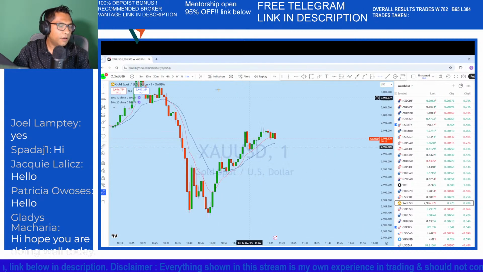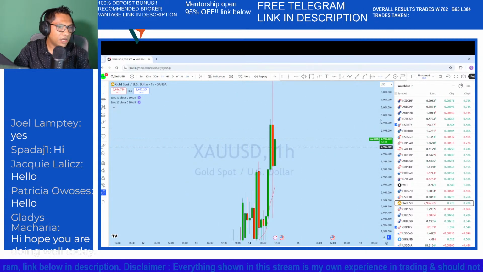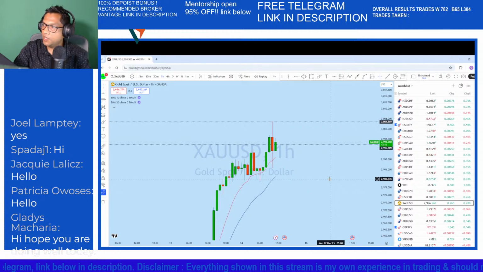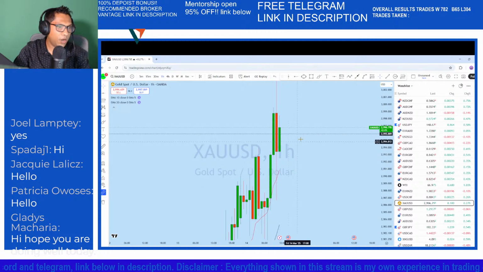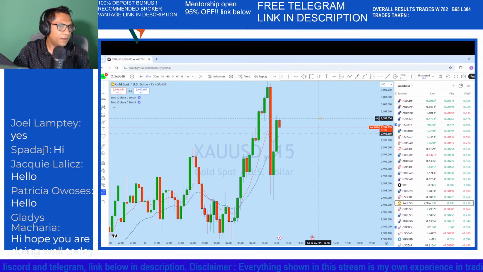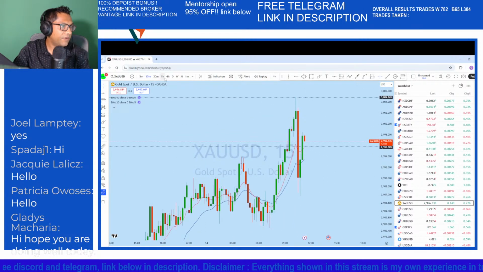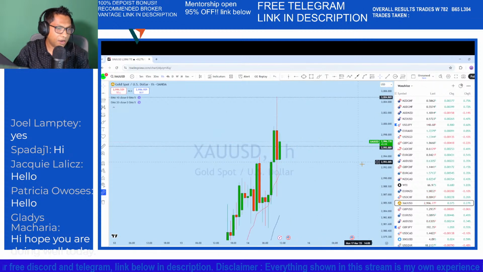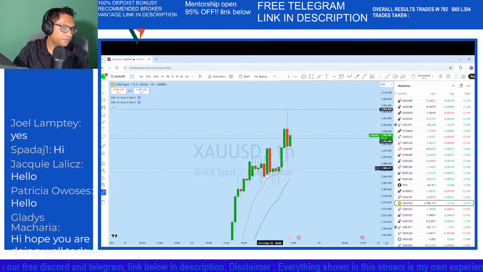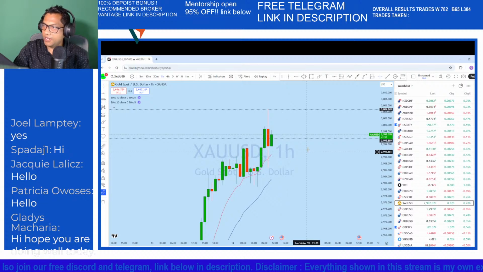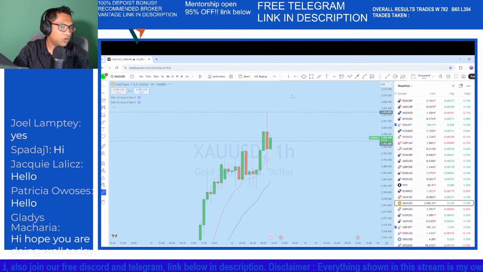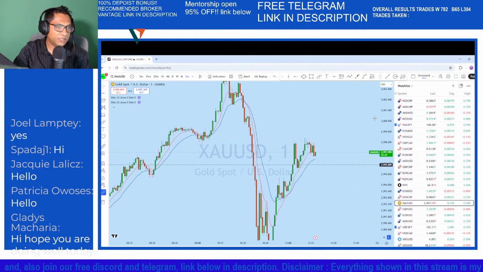Here, if we look at the lower time frame, this is the 1 hour chart. This is the 1 hour price action where there was a significant breakout, quite a few candle formations here, and again the market is in a consolidation.